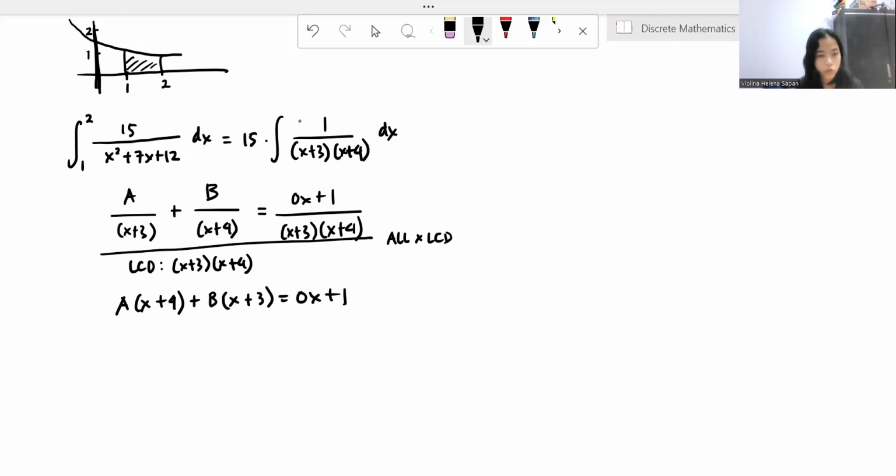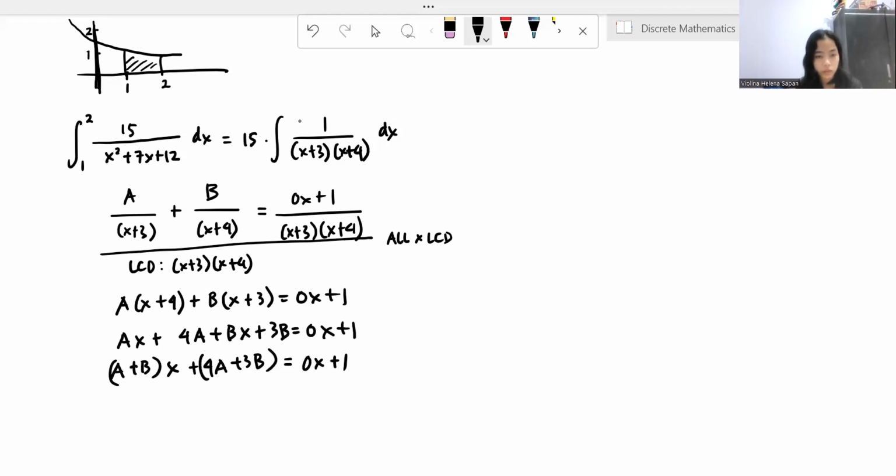Then we need to distribute, and group the terms that have x and that don't have x. We want the coefficient of x to be the same on both sides, so a plus b is equal to 0, and we want the constant to be the same on both sides as well. So we can write 4a plus 3b equals 1.